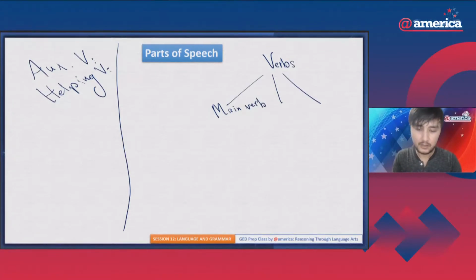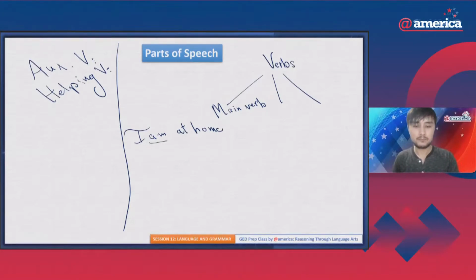In any complete sentence, you have a main verb. If I say, I am at home, in here, am is the main verb of the sentence. It's a state verb.